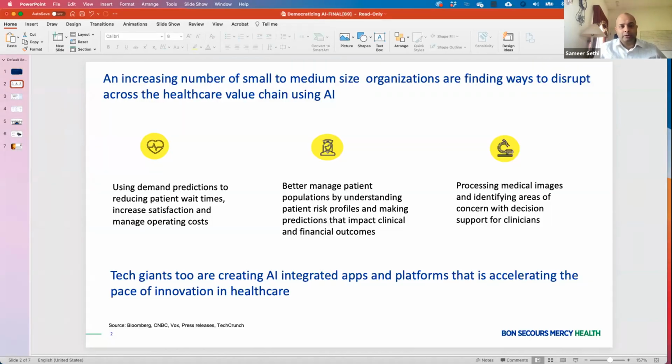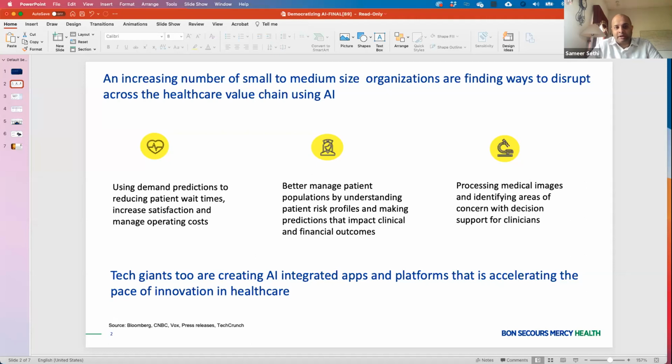All right. So when we look at the potential of deploying AI in healthcare and the impact it can drive, the opportunities in our mind today are endless. We at Secours, and I think healthcare in general, are very ripe in this space, and we see opportunities to leverage AI and drive impact through our care continuum.